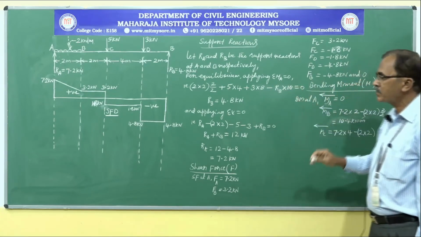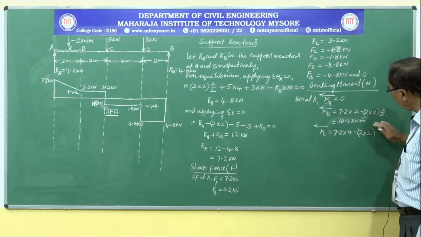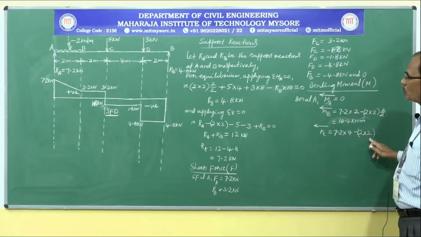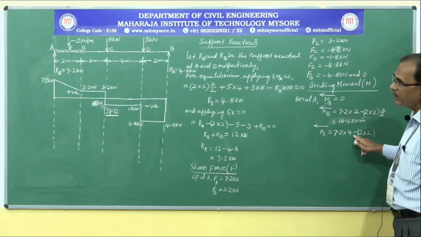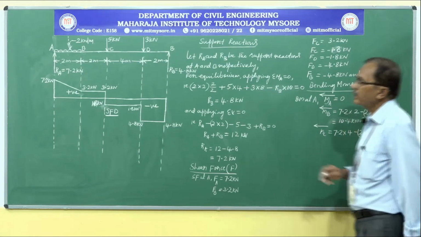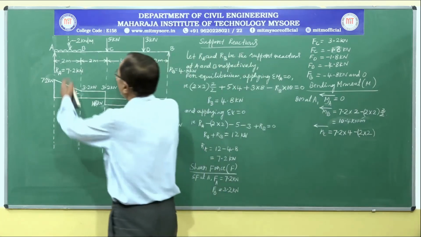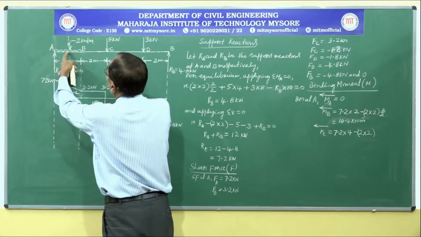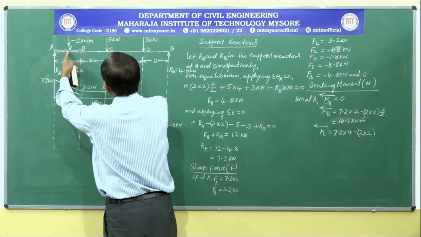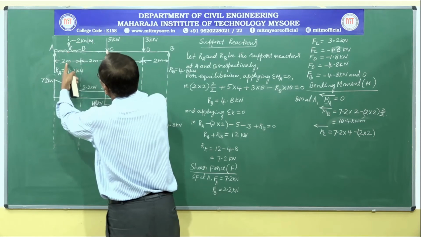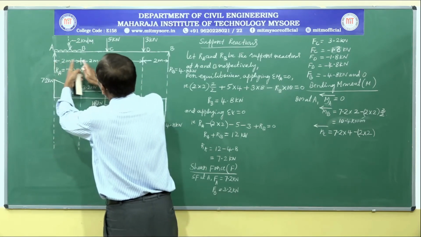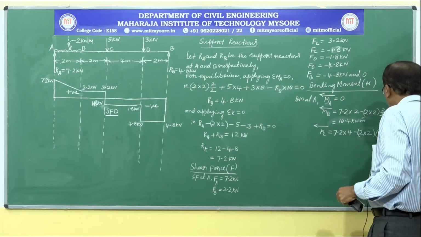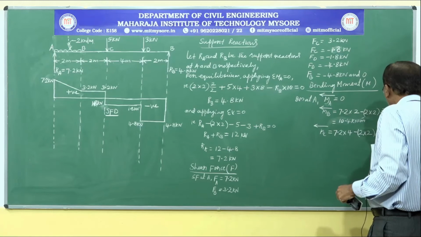Though you can write directly, let us write in expressions so that we can get familiarized with the concept. 2 into 2 is the point load creating an anti-clockwise moment, negative, and its perpendicular distance, from the point of application of this point load of the UDL to the moment center C, is 2 by 2 plus 2, 1 plus 2, 3 meter. You can write like that also, 2 by 2 plus 2.